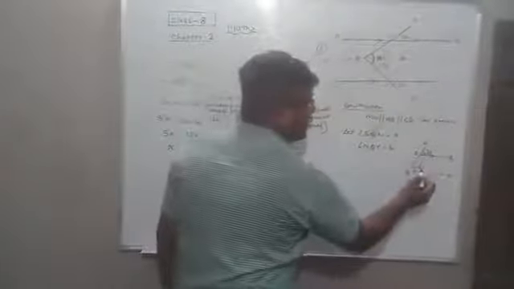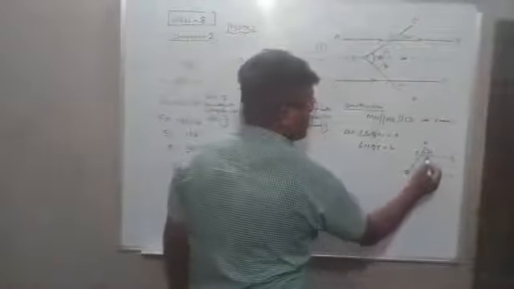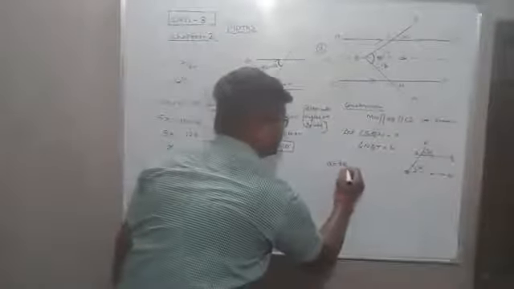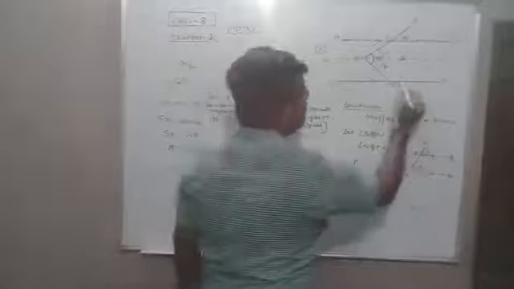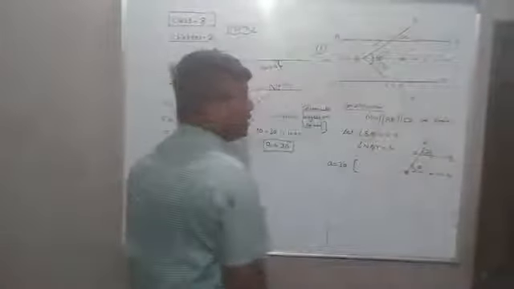What is the relation between these two angles? We can simply say that this is above the parallel line, and this is also above the parallel line. So we can write a is equal to 30 degree, because these two lines, AB and MN, are parallel, and these two angles are your corresponding angles.